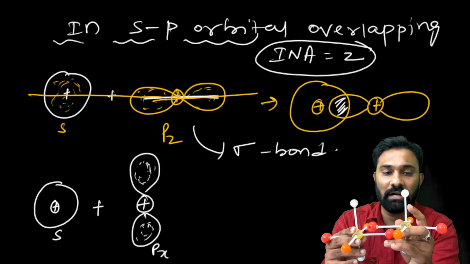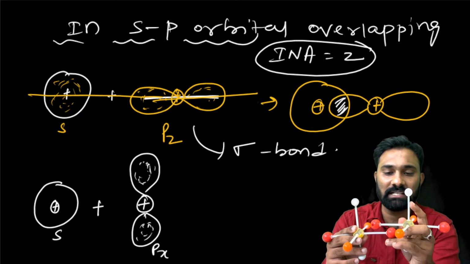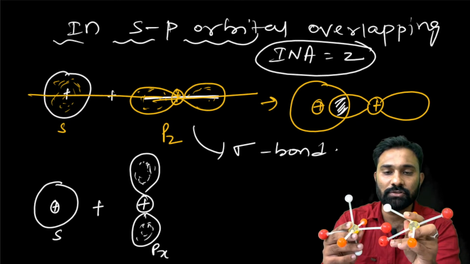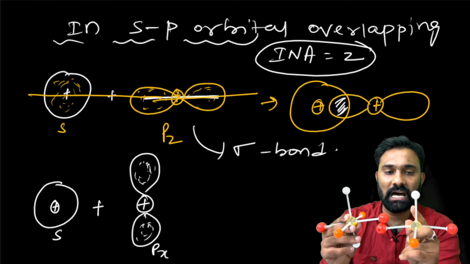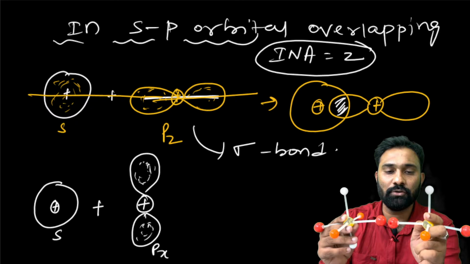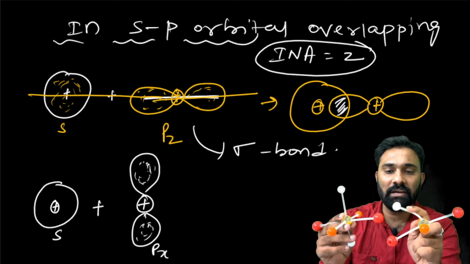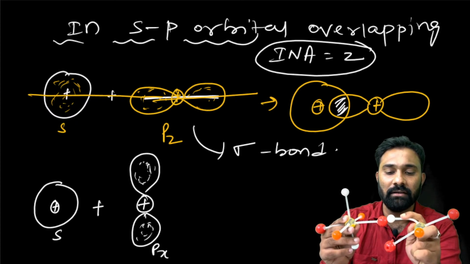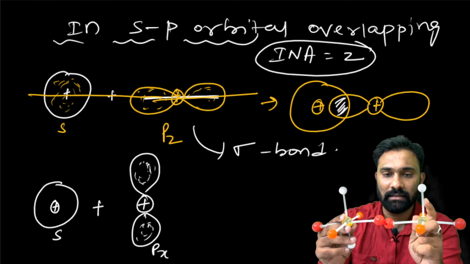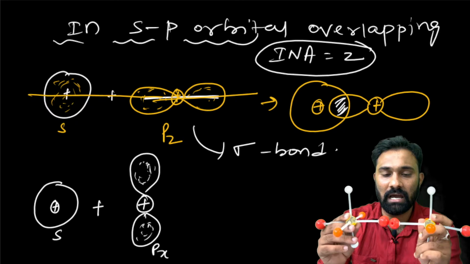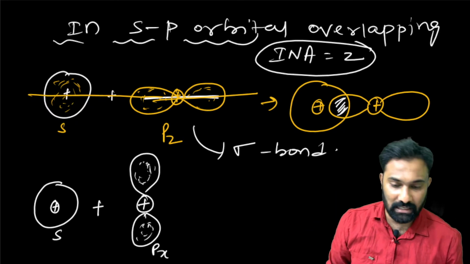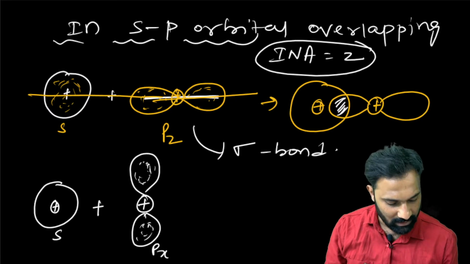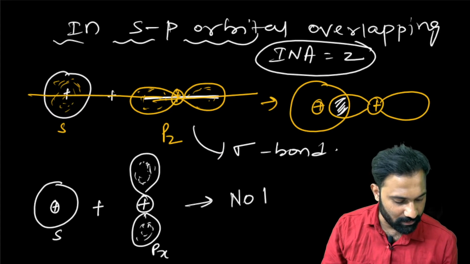We have the electrons in the PX orbital, so how will these electrons overlap? Is it possible to form a bond like this? This orbital is perpendicular to the PZ orbital, so there is no chance to form a bond like this. So for the S orbital, if you take an orbital which is perpendicular to the internuclear axis, there is no bond formation.